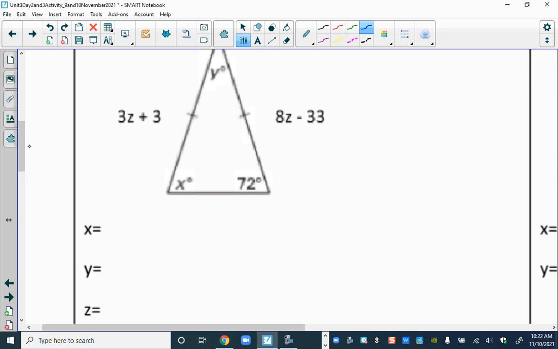Okay, who can tell us why the x will be 72? Yup. And why else are they going to be the same angle? What tells us that these two angles are going to be the same? Okay, they're congruent, they're equal, I'm agreeing. But why else? Let's look at the whole entire diagram.